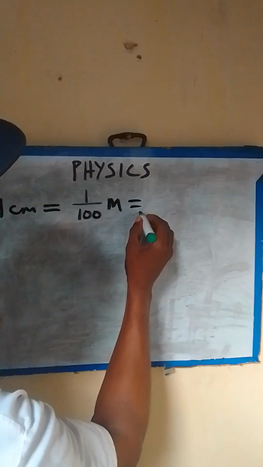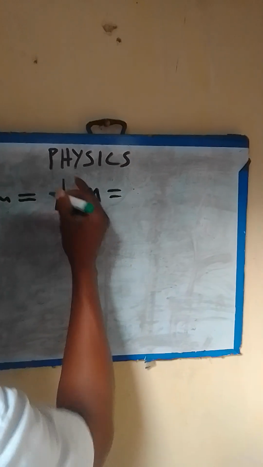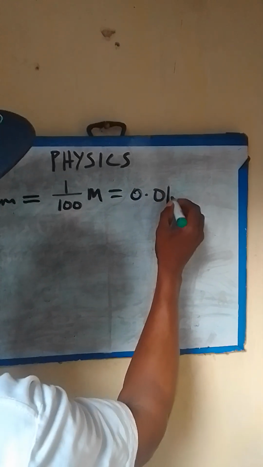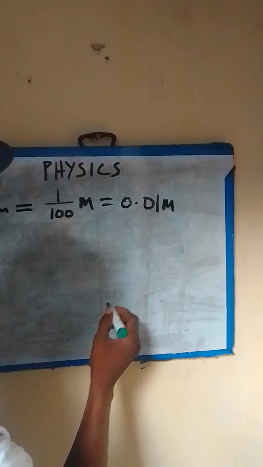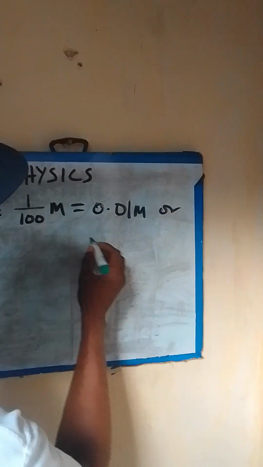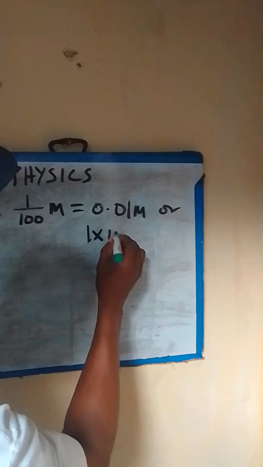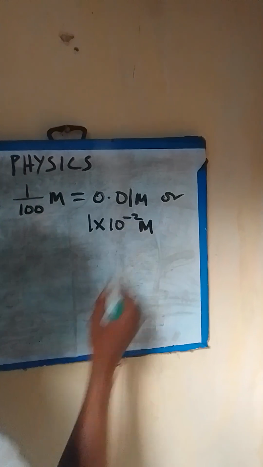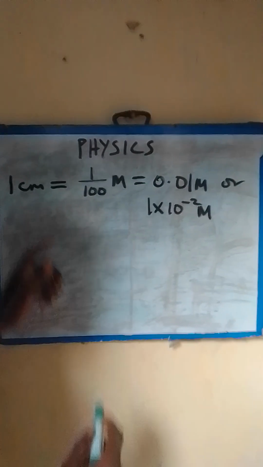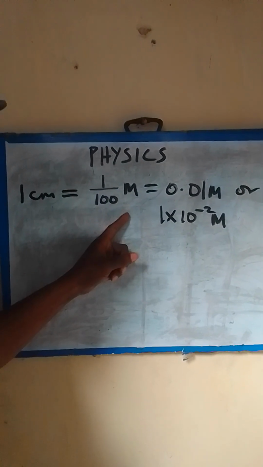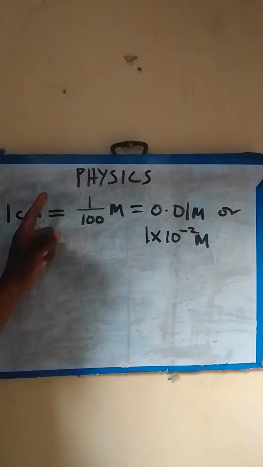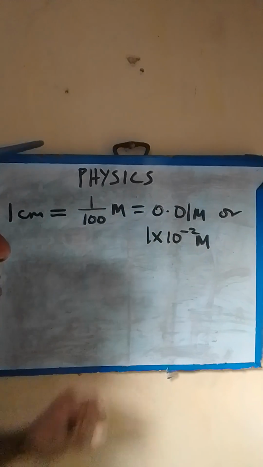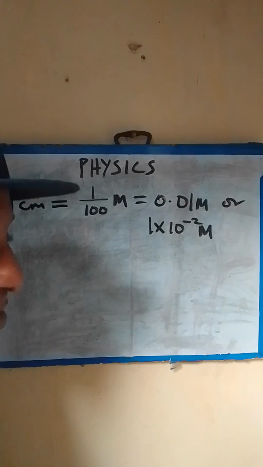And 1 divided by 100 is 0.01 meters. You can also write it as 1 times 10 raised to power minus 2 meters. So to convert centimeters to meters, you divide the value in centimeters by 100, and you have the value in meters.